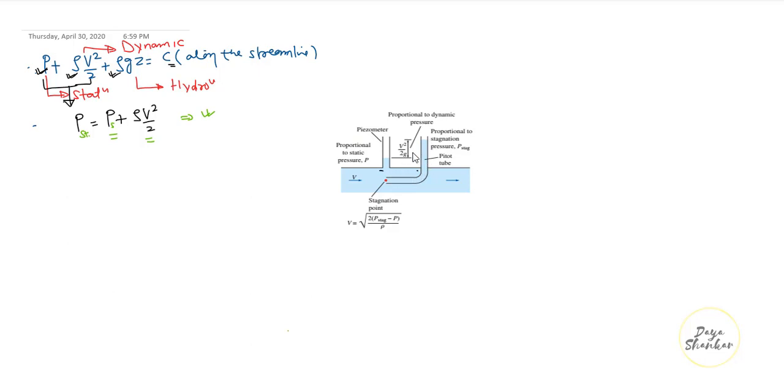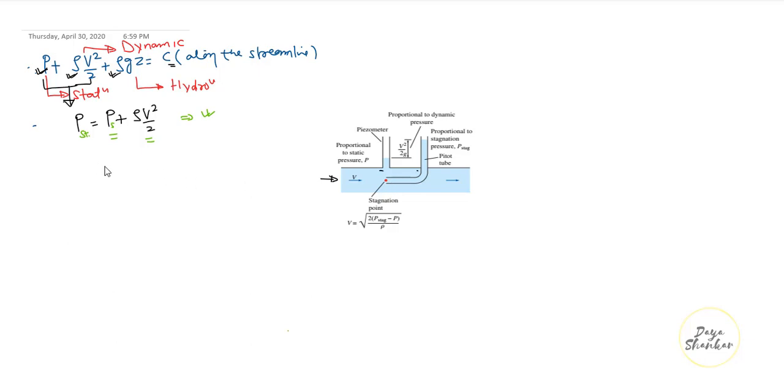I will explain the definition of pitot and piezometer in this section. We have already seen that the fluid is flowing with velocity V through it. As per the definition of stagnation pressure, which represents the pressure at a point where the fluid is brought to a complete stop isentropically, that means this point. Suppose we want to find the velocity at this point.